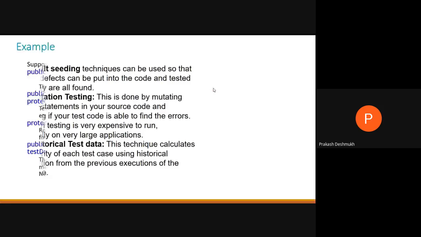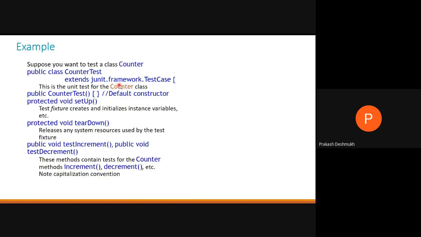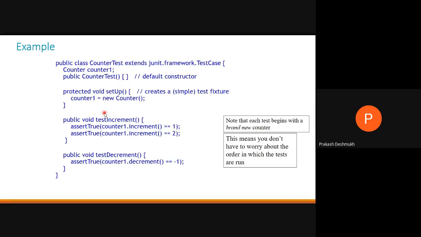So this is an example of unit testing code. Here this Counter class will be tested. This shows the syntax of how you can write the test case. When you go to this slide, you'll see CounterTest, and you are calling that Counter class here.